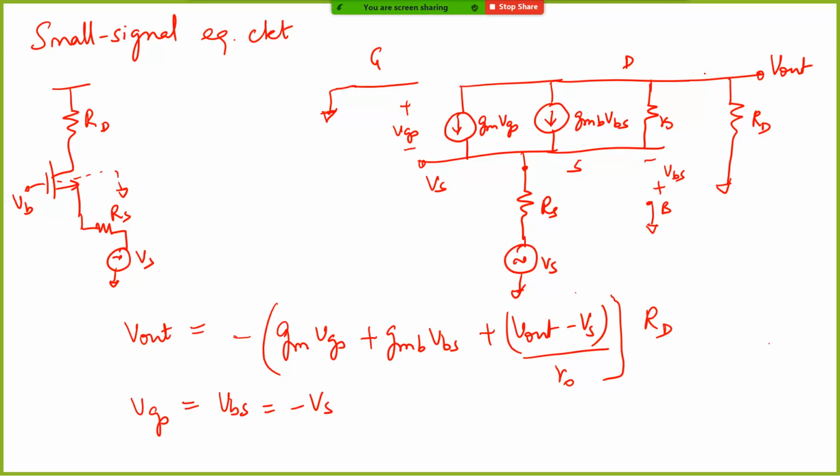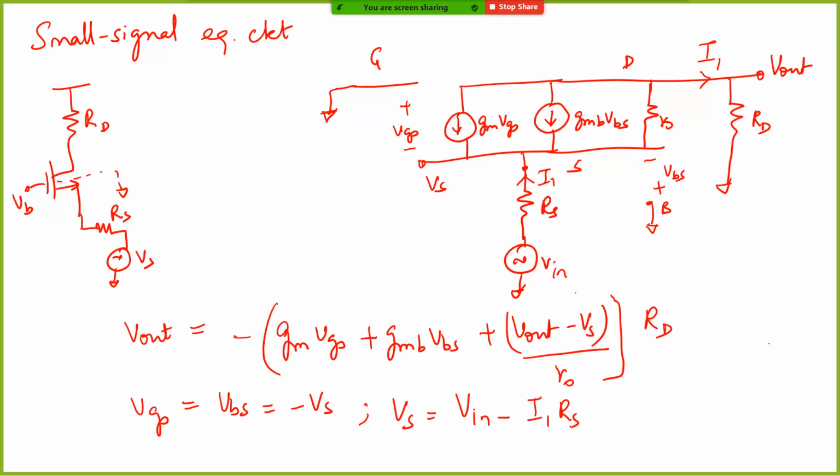So let's say this is the current that is flowing. The same current has to come through this. If you call this, let's say, I1, the same I1 is flowing through RS. So you just realize that, and then you say VS is nothing. Oh, I'm confusing with two VS here. Let me just rename this as V in then. So if this is V in, Vs can also be written as V in minus this entire I1 times Rs.